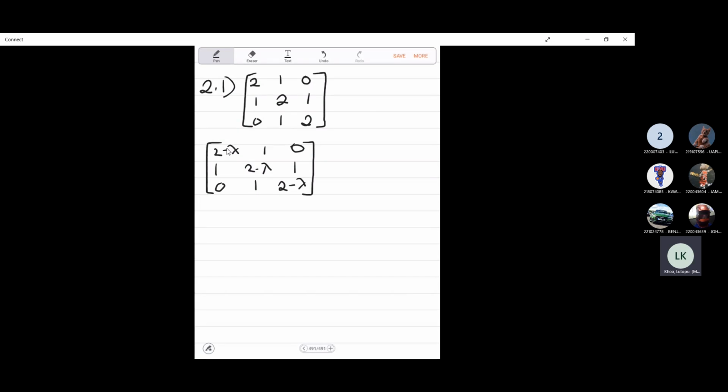So the determinant, this is 2 minus lambda multiplied by 2 minus lambda times 2 minus lambda minus, so here we said remove the row that it is in, the column that it is in, you're left with this matrix here, and the determinant of this matrix is just this minus that.